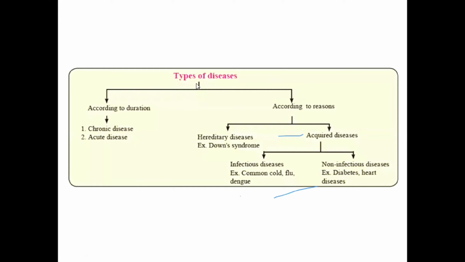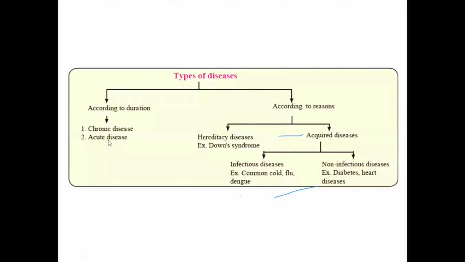There are two aspects by which diseases are classified. The first is according to duration and the second according to reasons. According to duration, there are two types: chronic disease and acute disease. Chronic diseases are those which stay for a longer period of time. It takes a long period, that's why they are called chronic diseases.